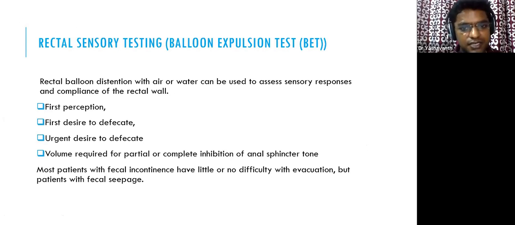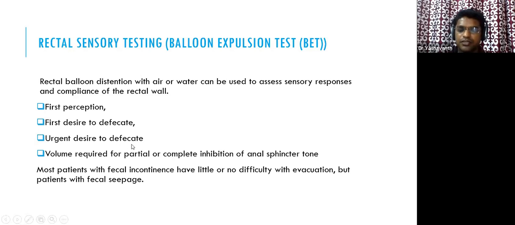So rectal sensory testing, predominantly we test by balloon expulsion test. What we do is we ask the patient the following: when they feel the first perception, first desire to defecate, urgent desire to defecate, and the volume required for partial or complete inhibition of anal sphincter tone. First perception in a normal individual is around 50 ml. First desire to defecate is somewhere between 150 to 200.